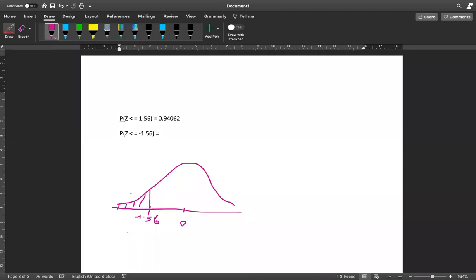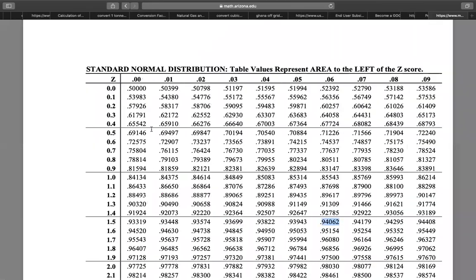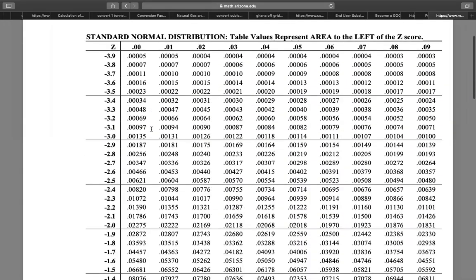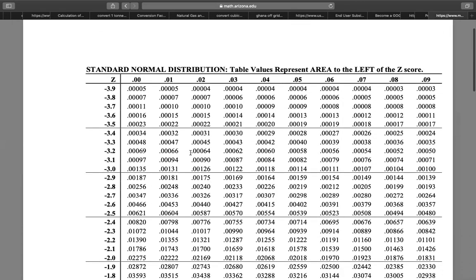But if you consider the area to the right of 1.56 and you subtract it from 1, you would assume that those areas are the same. But for now, let's go and read this probability on the table. So where do we locate minus 1.56 on this table?